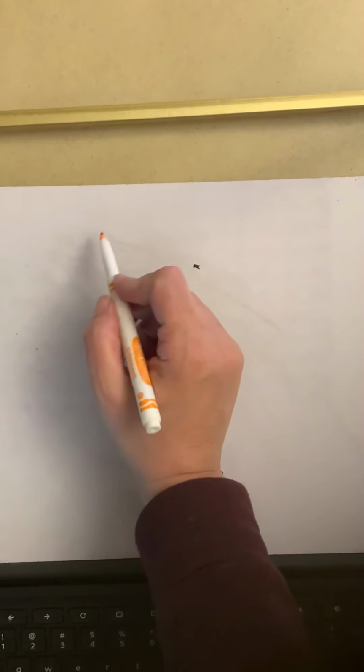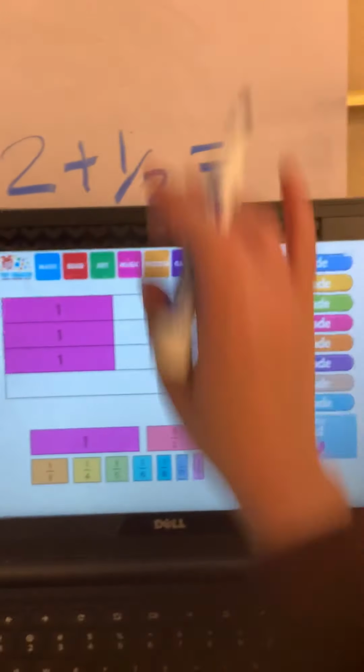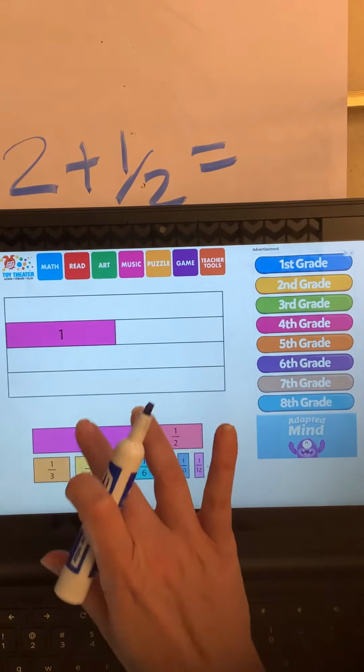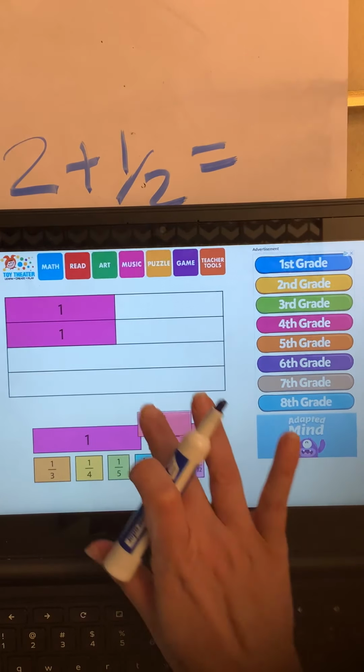So the first problem that we will be looking at is 2 plus a half, okay? And here's how it would look. If I have 2 wholes, 1 whole and 2 wholes, then I have a half.